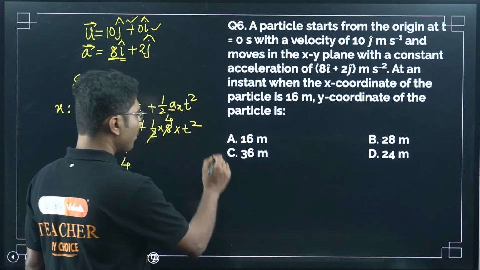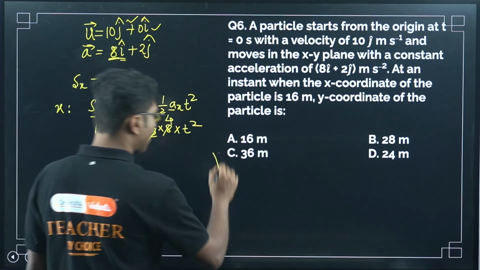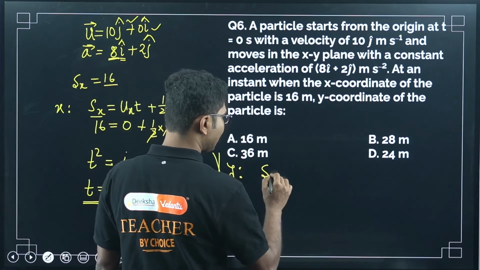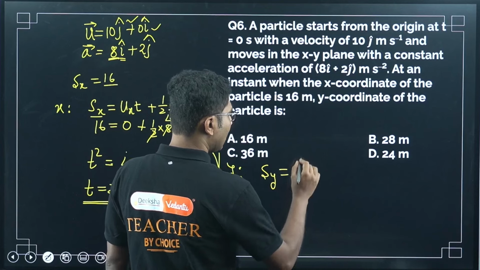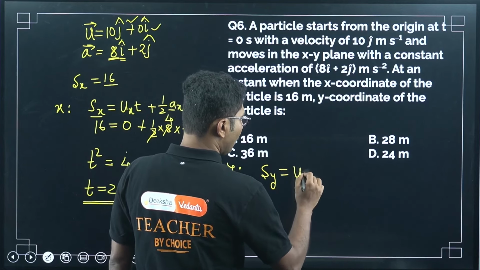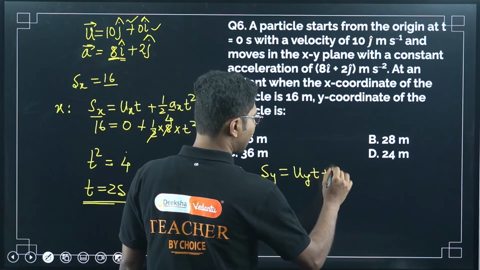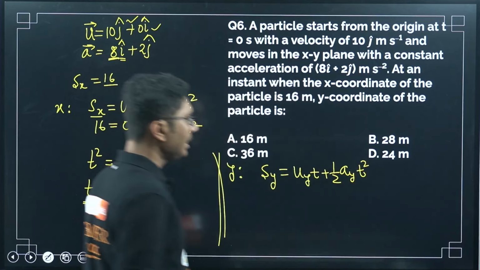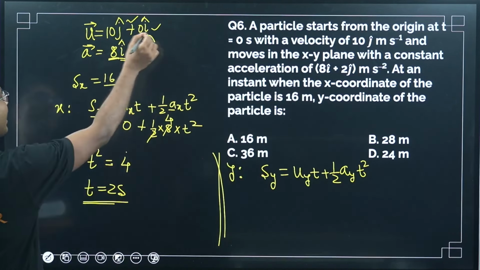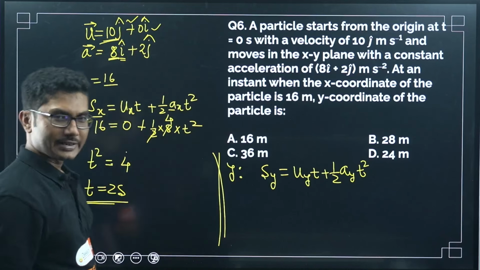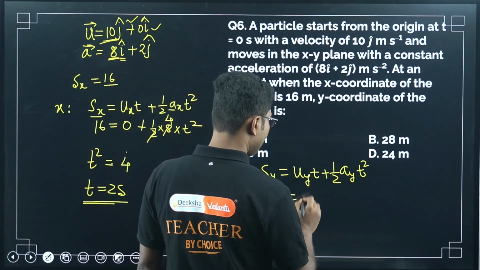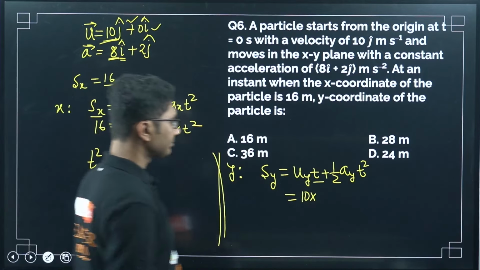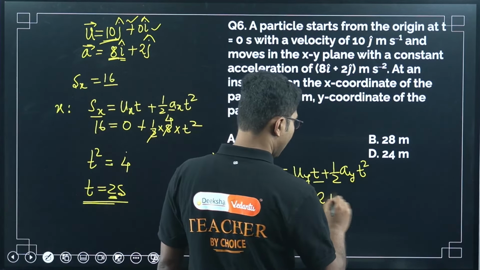Now we will apply the same concept for the y-axis as well. For the y-axis the displacement along y-axis will be uyt plus half ayt square. So what is uy? uy is given as 10j, j means uy. What is time? Time is 2 seconds, right?